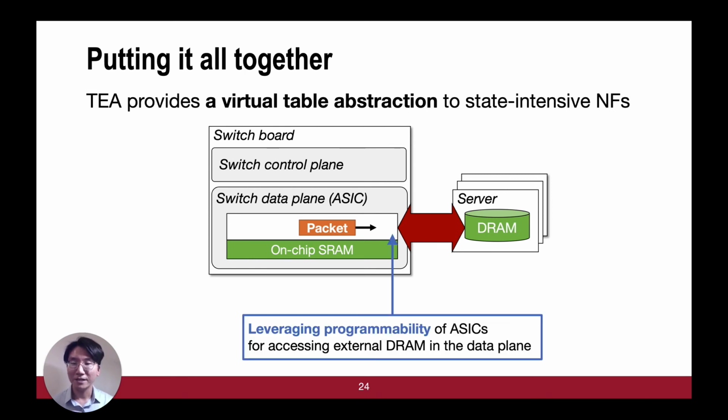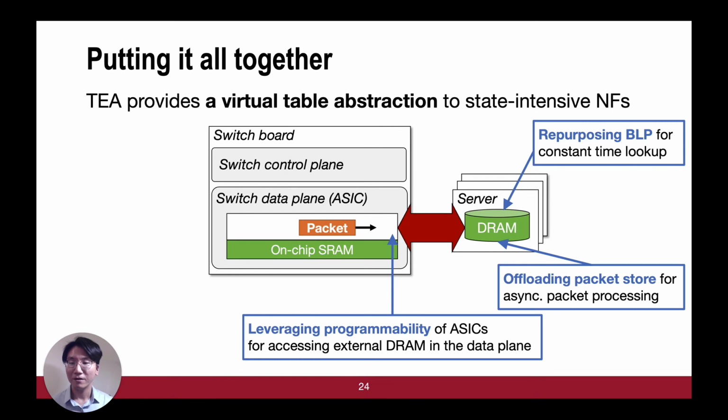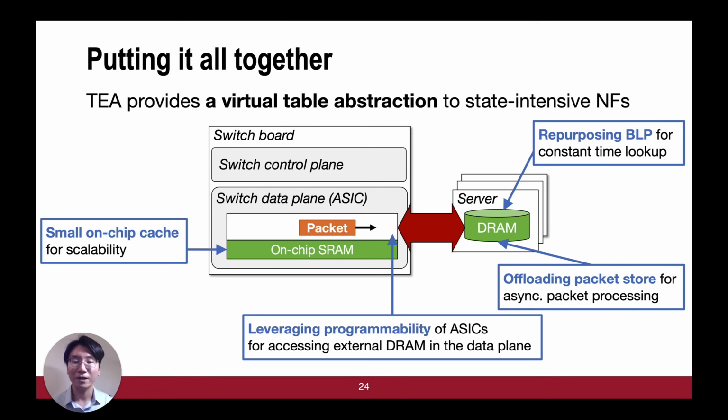We leverage ASIC's programmability to enable external DRAM access purely in the data plane, and repurpose VLP to devise an efficient table data structure that allows table lookups in a single round trip. Also, by offloading the packet store to the T table, we enable asynchronous packet processing. Lastly, we employ a small on-chip cache to support higher throughput and for better utilization of multiple servers.